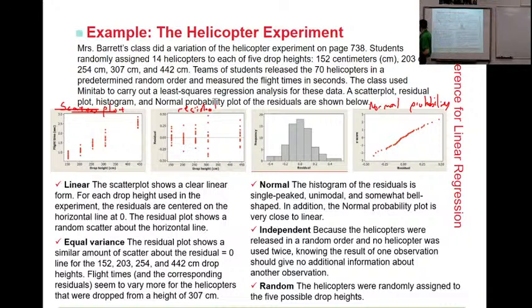So that's step 2, your conditions. We'll talk more about these steps, especially the formulas and how those work, and how to create these in your calculator. We're going to talk about that tomorrow.